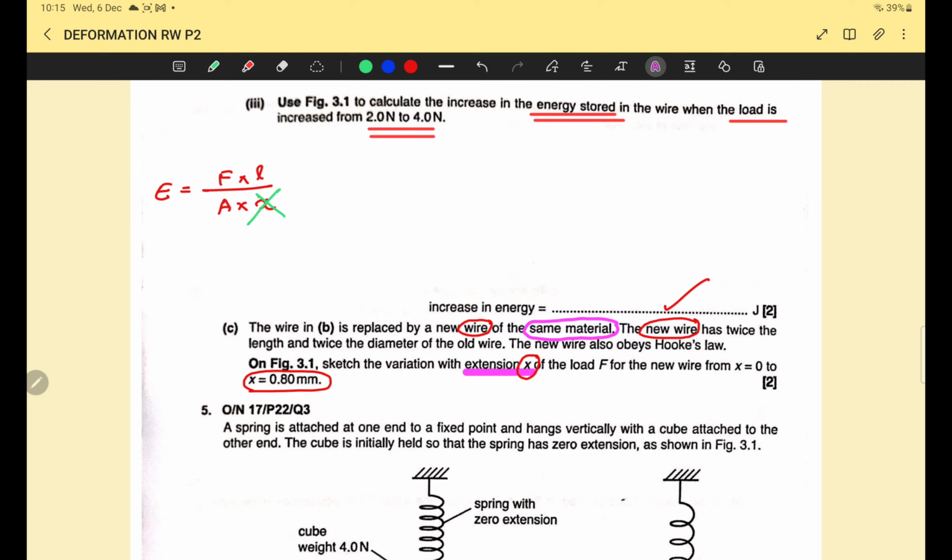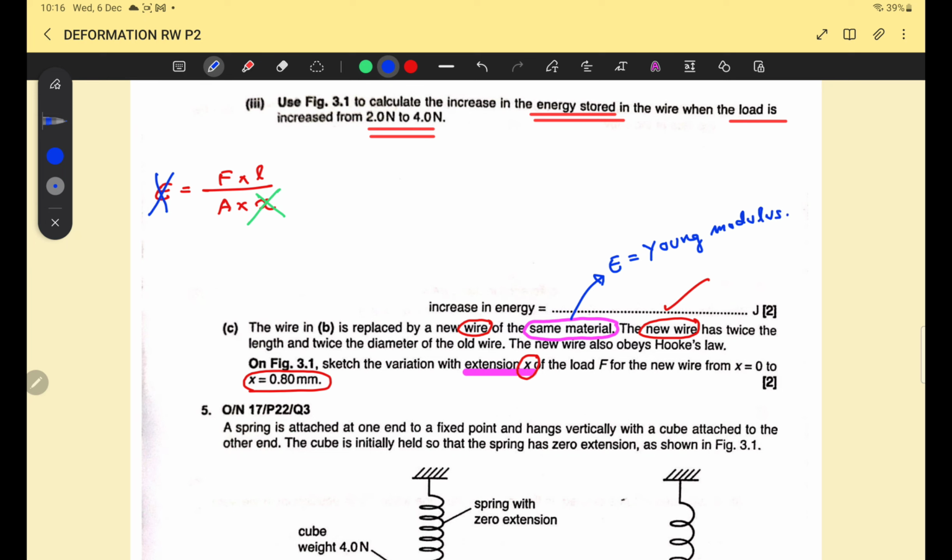Yes beta, same material. The value of Young modulus depends upon the nature of the material.